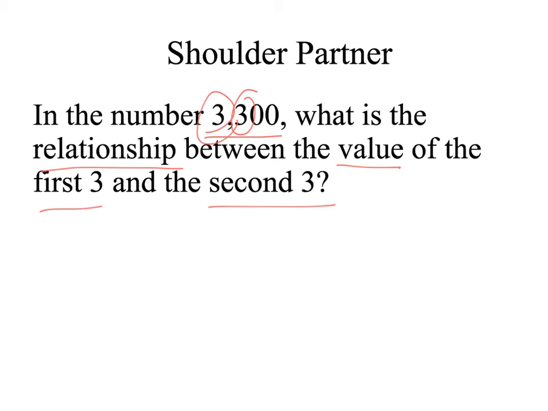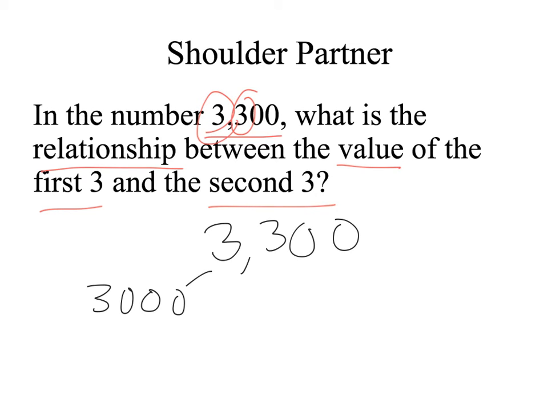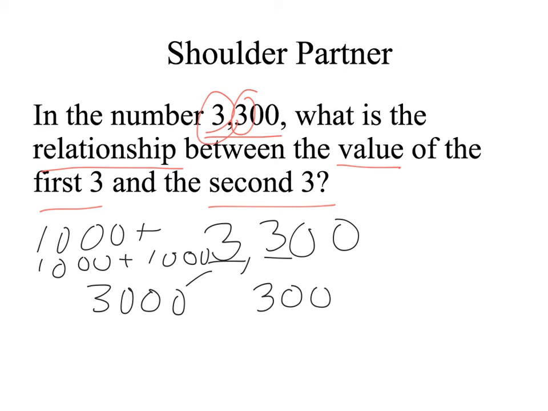What you should have decided on was that in the number 3,300, the value of the first 3 was 3,000 because the 3 was in the thousands place. If I have 3 thousands, 1,000 plus another 1,000 plus another 1,000, the value would be 3,000. The value of the second 3 would be 300 because it is in the hundreds place.